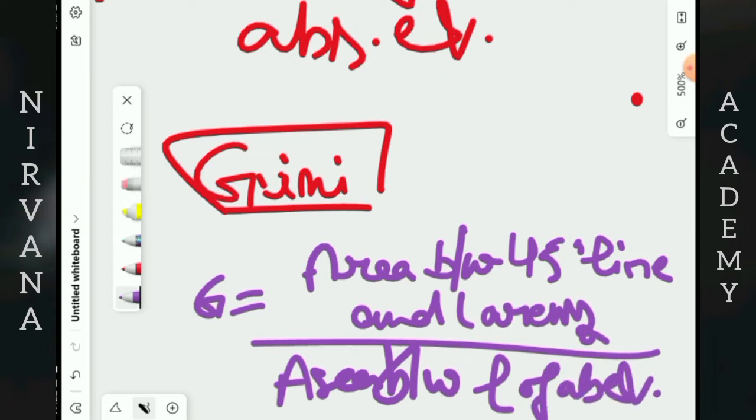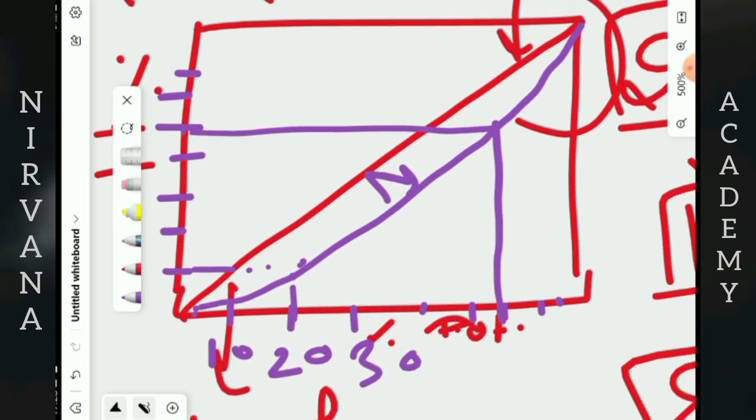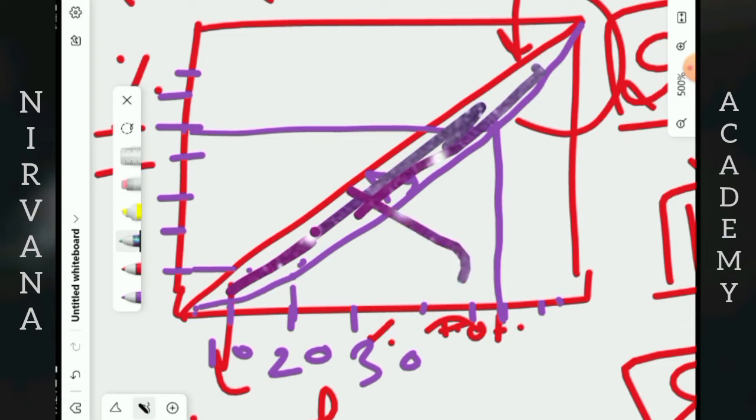So Gini coefficient is given by area between 45° and Lorenz curve. So this is the area divided by area below or above the line of absolute equality. This is the arithmetic measure of inequality by Gini coefficient method.